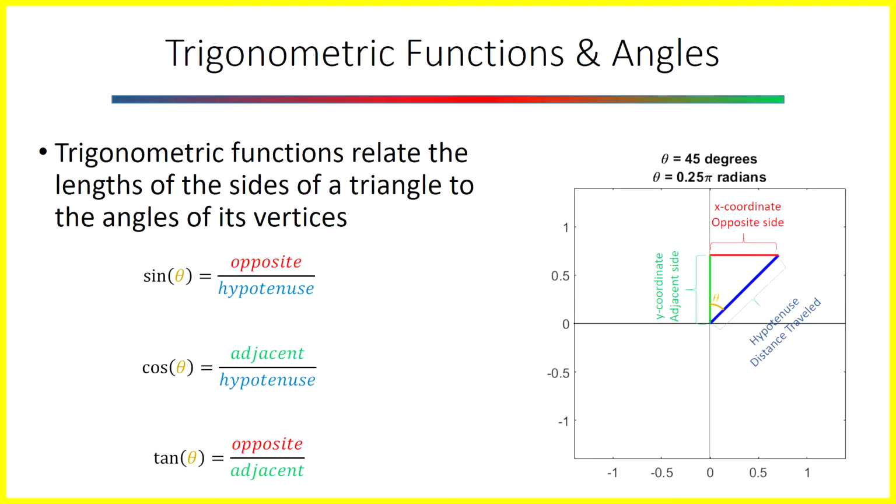Please also note that 45 degrees is, of course, going to be equal to 1/4 pi. As you can see, it is thus pretty easy to figure out how far you've gone in the x and y directions if you understand these three basic trigonometric functions. These functions are really important, so let's examine them in more detail.